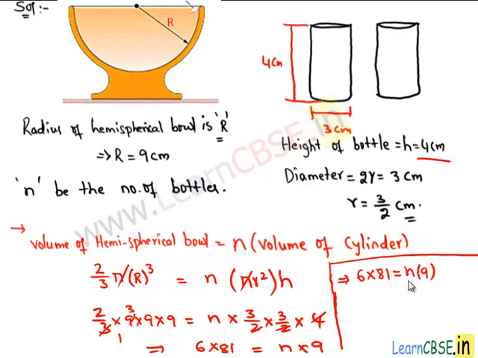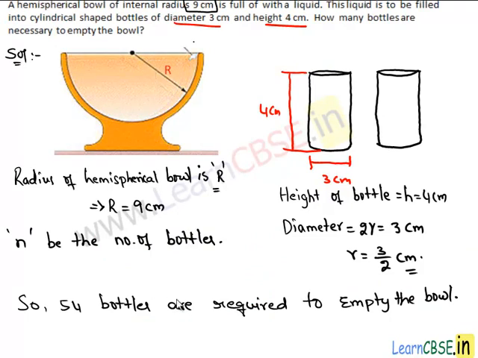To find the value of n, we have to divide with 9 on both sides. Then we have 6 times 81 upon 9, which is equal to n, and 9 goes in 81 9 times. So we have the value of n, which is 6 times 9, which is equal to 54. Therefore 54 bottles are required to fill the liquid in this hemispherical ball. And this completes our solution.